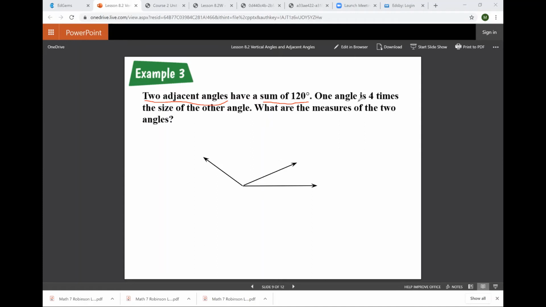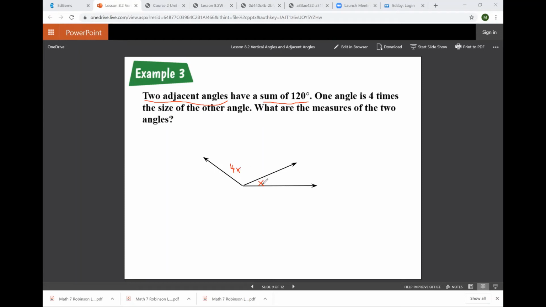One angle is 4 times the size of the other angle. Okay, so I'm gonna say this one is right here. So this is 4x. And so that means this has to be x, okay? So 4 times the size of the other angle.